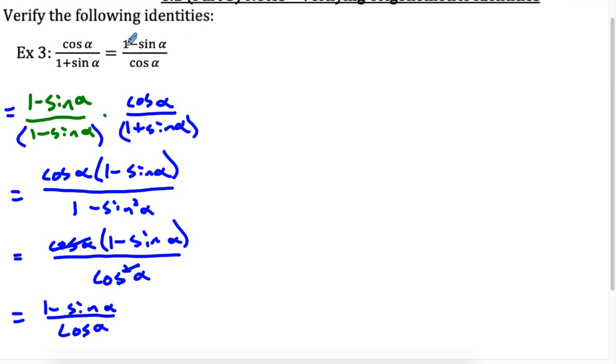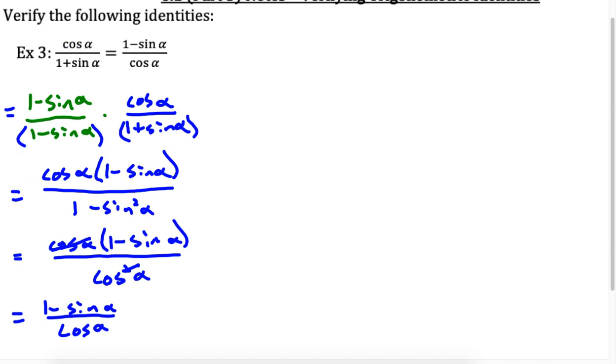And that is what we wanted, right? So I'm done. This work proves that the left side of the equation is equal to the right side. Now, I could have actually done a very similar process if I would have started with the right side. I could have multiplied the numerator and denominator by 1 plus sine of alpha and come up with something pretty similar to show that this side equals this side, right? So either way would be appropriate here.